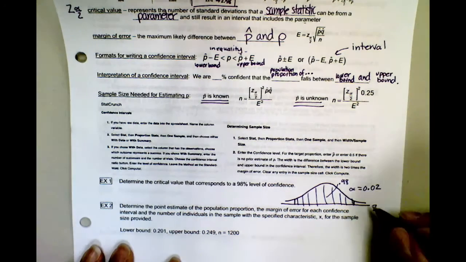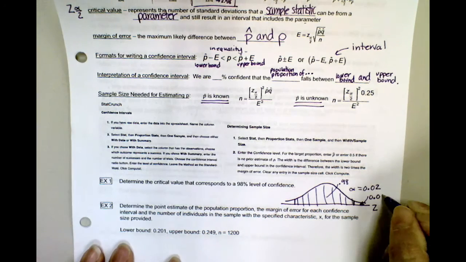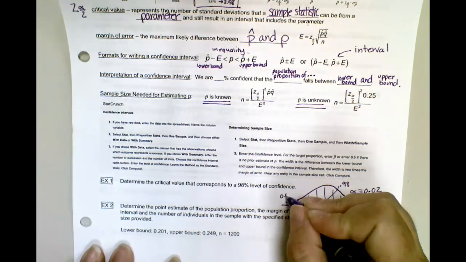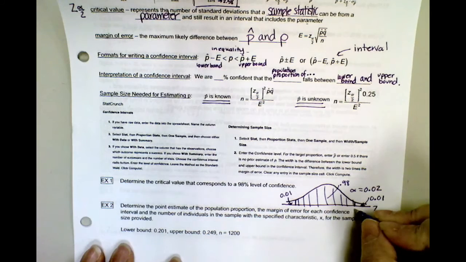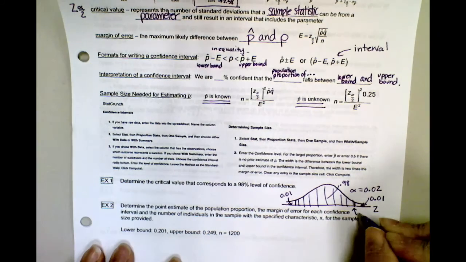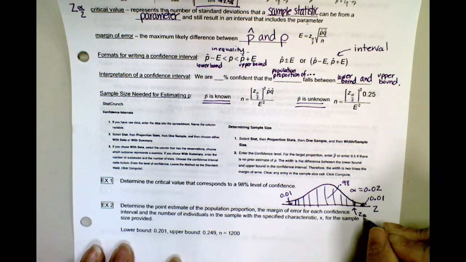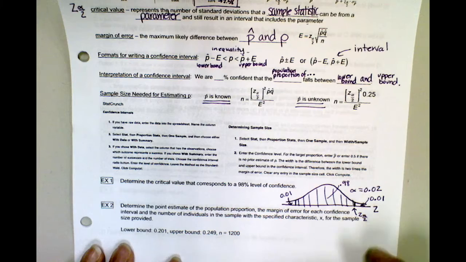And so the area in each tail is 0.01 because we always have two tails. And so what we're trying to find is this value right here, the z-score that represents the area to the right being 0.01.